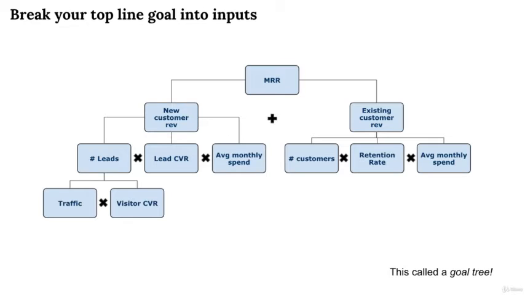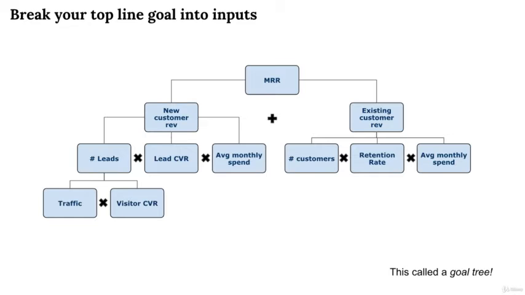And we can further break down leads into the amount of traffic coming to your website every month times your visitor conversion rate into a lead. Existing customer revenue is made up of the number of customers you already have, which is related to new customers coming in, your retention rate, and their average monthly spend.